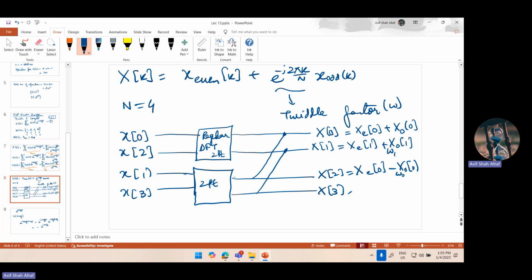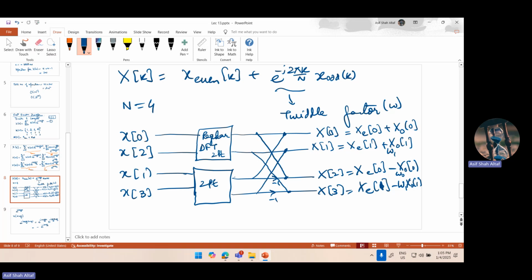Same for x of 3, you will have x e of 1 minus x o of 1, and this will come from here. It requires x of 0. It will be summed here, but you have to multiply it also by -1, and for this component, same. So this then gives you the decomposition in terms of the fast Fourier transform.